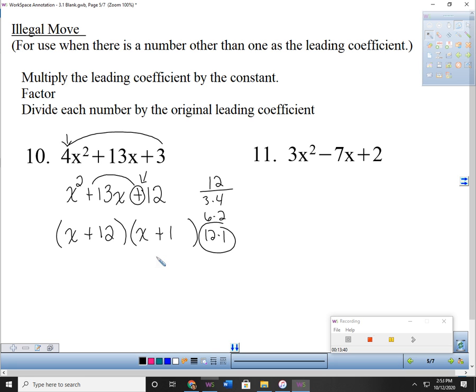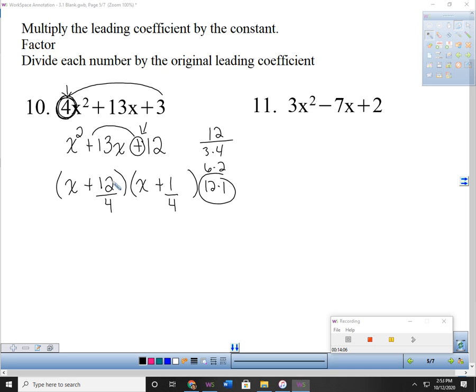Now, normally we would be done right here because we factored, but the problem is if I multiplied this together, I would not get this in return. X times x is x squared, not 4x squared, right? So you have to undo what you did up here. You multiplied by 4, so now you have to divide by 4. You're going to divide both of these numbers back here by 4.